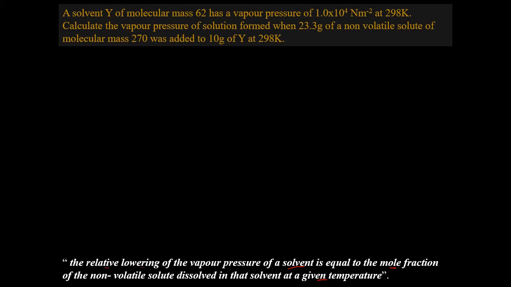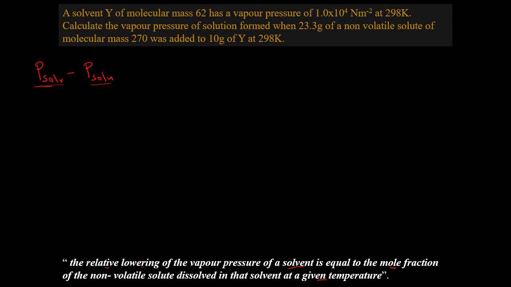Remember, the vapor pressure of a solution is lower than that of a solvent. So let P be our vapor pressure of the solvent minus the vapor pressure of the solution. This is the lowering: vapor pressure of the solvent minus vapor pressure of the solution, because we know the solution vapor pressure is lower than that of the solvent.